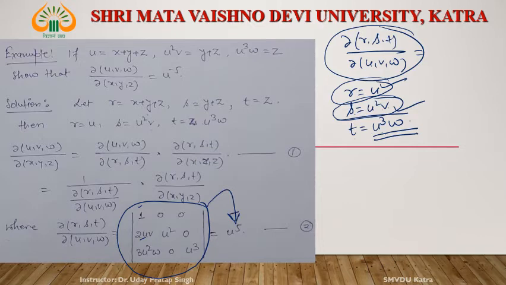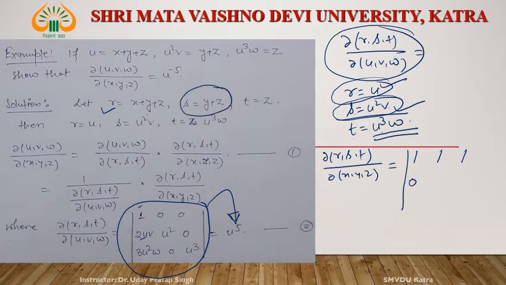Now what is ∂(r,s,t) with respect to ∂(x,y,z)? It is equal to the determinant with ∂r/∂x. What is ∂r/∂x from this equation? 1. ∂r/∂y, 1. ∂r/∂z, 1. Now ∂s/∂x, here no term of x, therefore this partial derivative is 0. ∂s/∂y, 1. ∂s/∂z, 1.